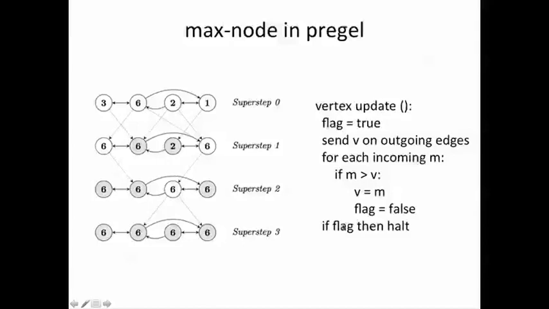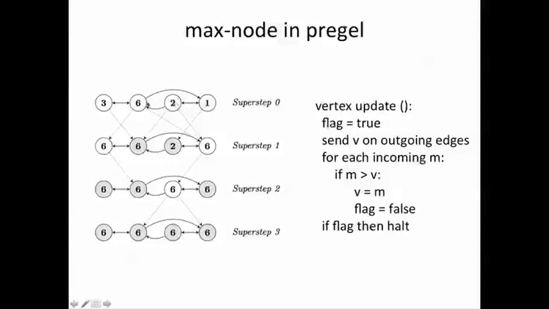Let's see what happens if this is executed for every node. In the first step, these are bidirectional edges, which I mentioned over here. So this means there's an edge from 3 to 6 as well as from 6 to 3. In the first step, 3 sends to 6. 6 doesn't do anything because it's already the maximum and it's never going to get a message greater than itself. But 3 becomes a 6. Similarly, 2 gets a message from 1, but it doesn't change because 1 is less than 2.